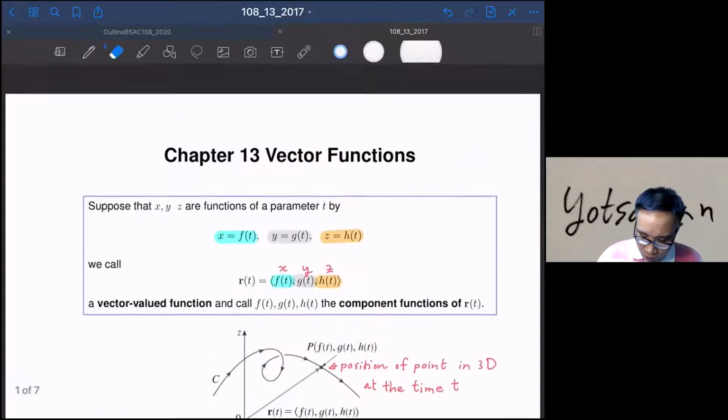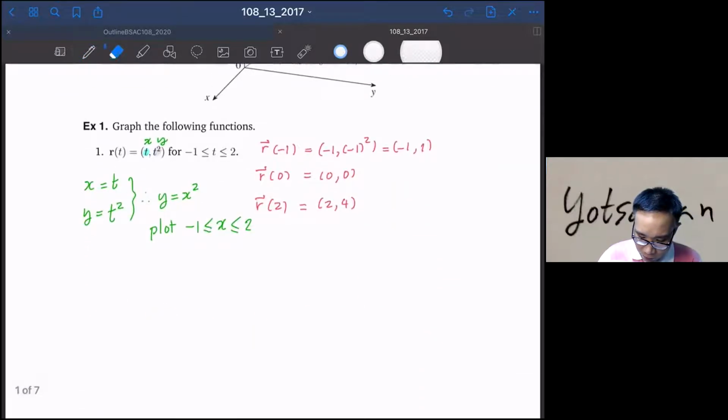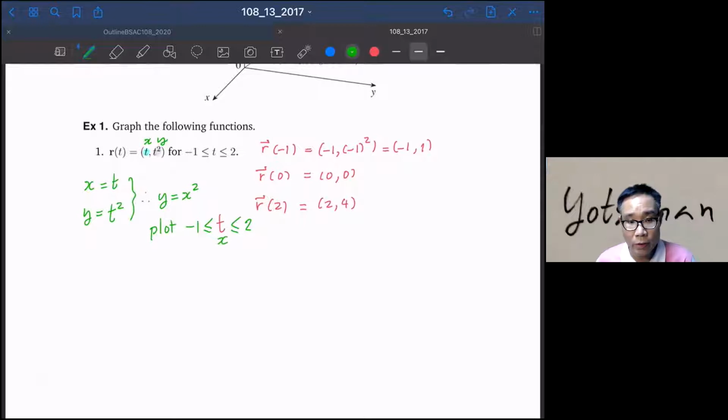Let's put t here first, and here is going to be your x. So x is between -1 and 2, because t equals x, as you can see from the yellow. So you're going to plot y equal to x squared from -1 to 2.